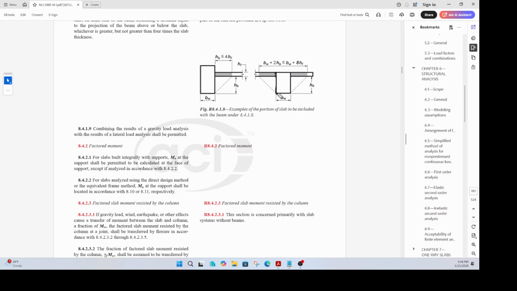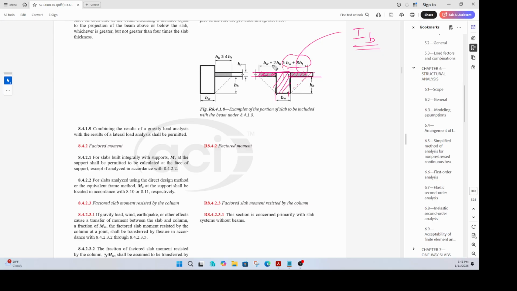If you have a beam which is integrally built with the slab, a portion of the slab should also be accounted as part of the beam when you compute the moment of inertia of the beam. The way you do it: let's say this is BW, this is HB, then you go 45 degrees, so from the center line it is BW by 2 plus HB, but that has to be less than this particular value.